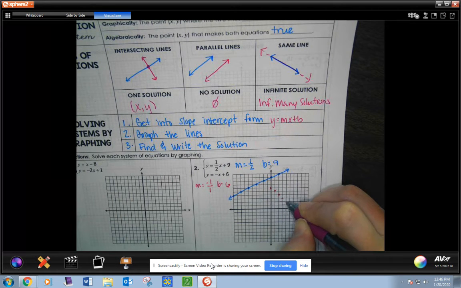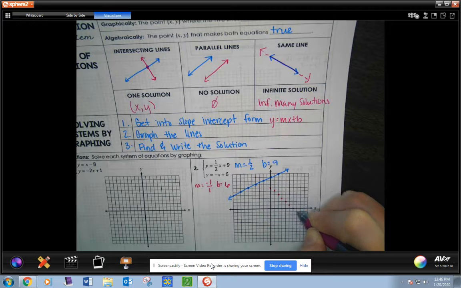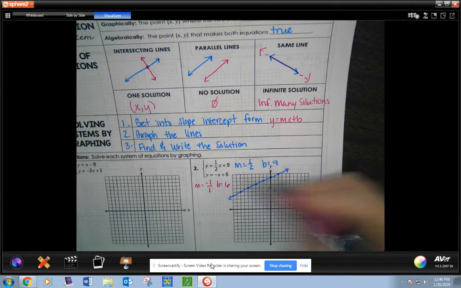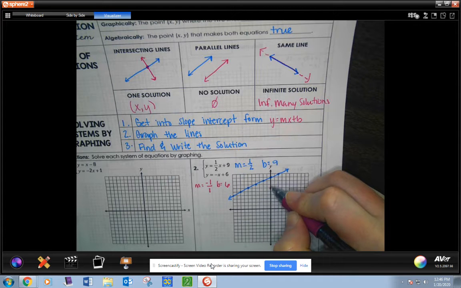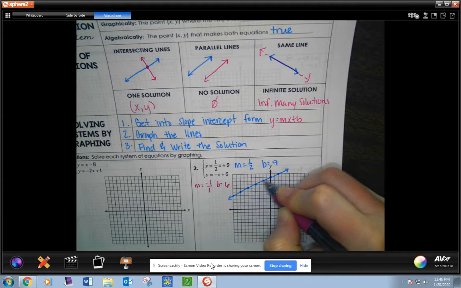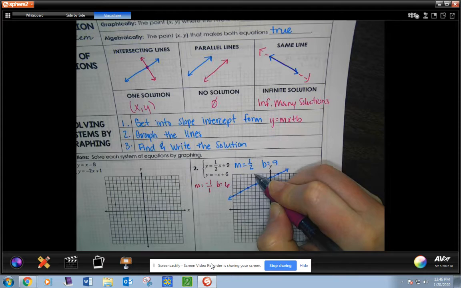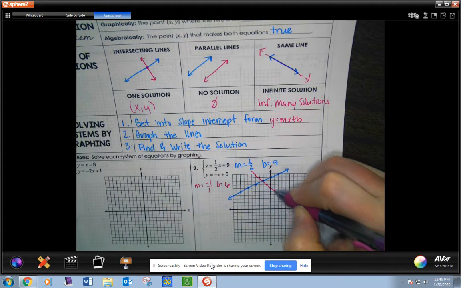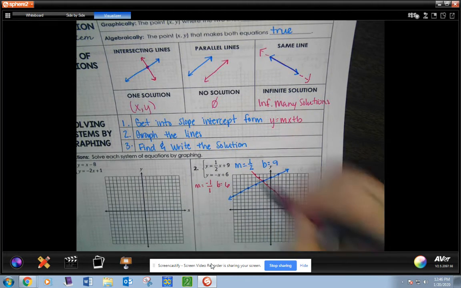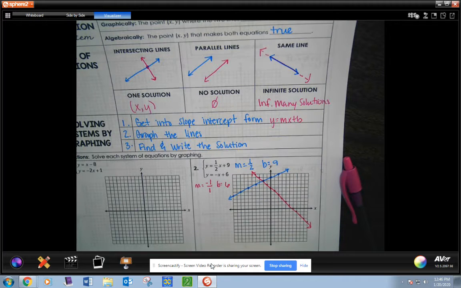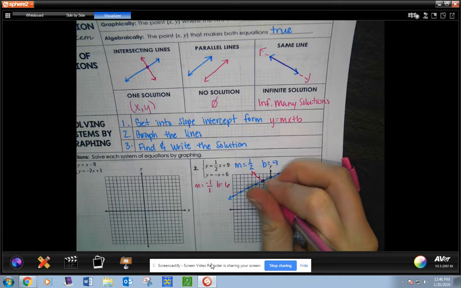So you can see as I draw my dots, which I'm going to get all of them, that this is going to create a negative line, which it should because my slope is negative. I go back to the original dot and up 1 and left 1, and finish getting the points that I can get. As you draw in your line, you should see that the lines intersect, and they intersect at a point, and that point is right here.